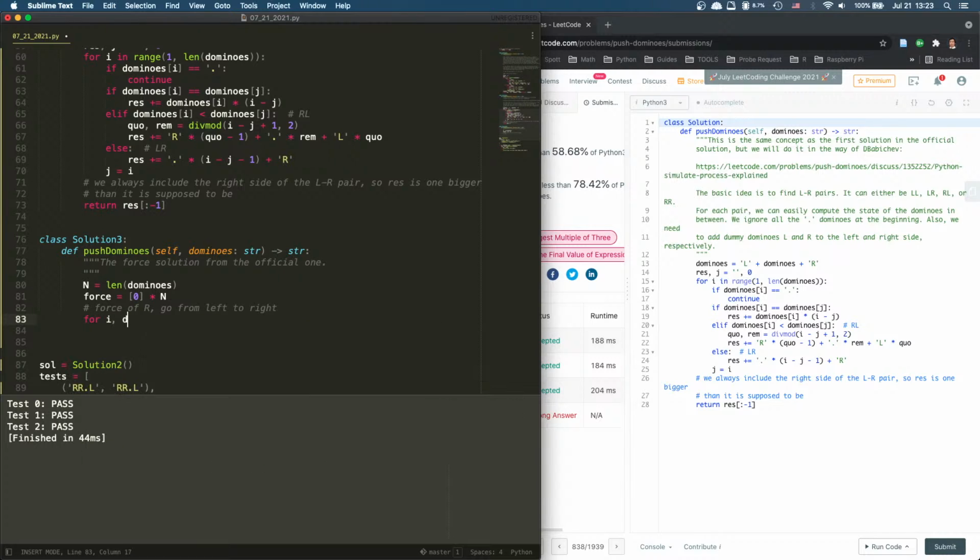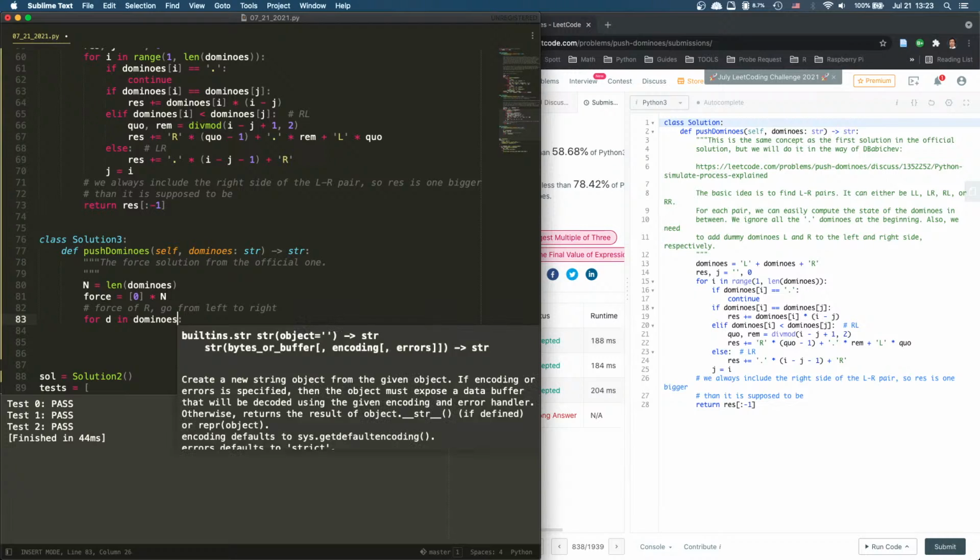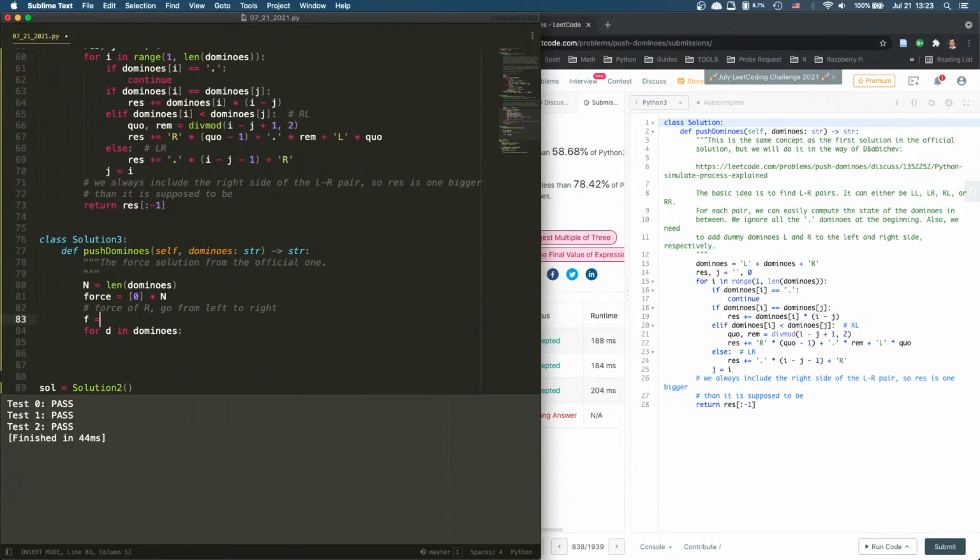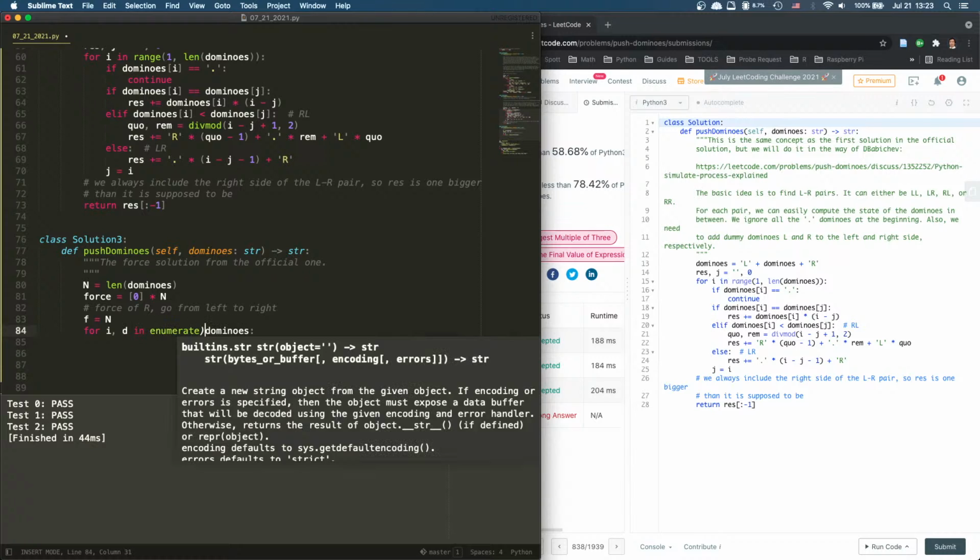for I, D in enumerate dominoes, right? Actually, I just need to say for D in dominoes. I don't need to enumerate. And starting F is N, right? Oh, we do need I. We need to enumerate dominoes.